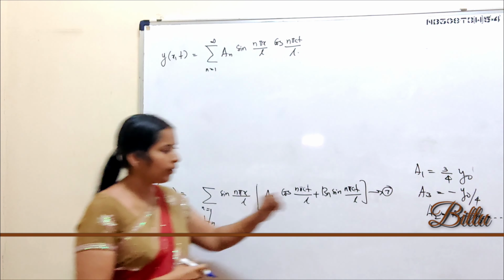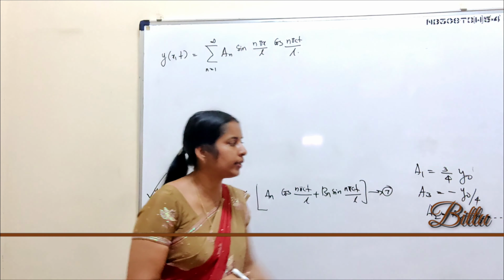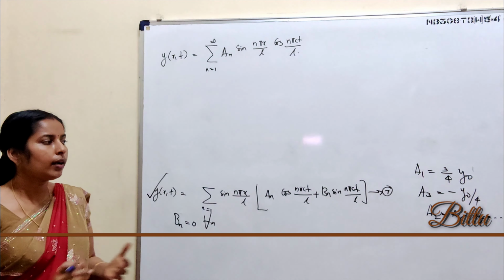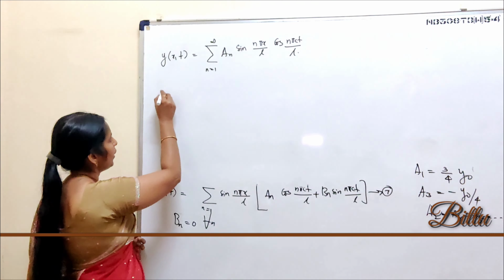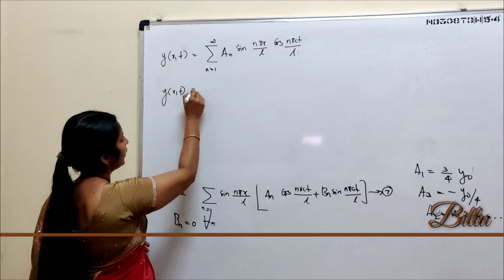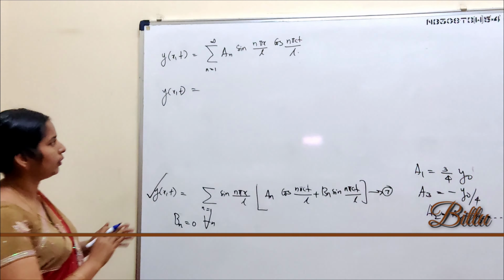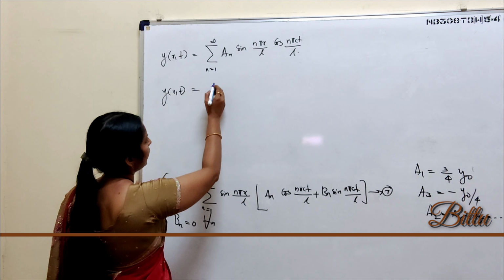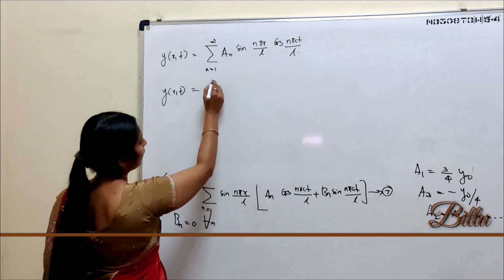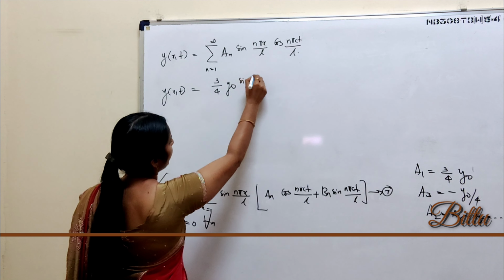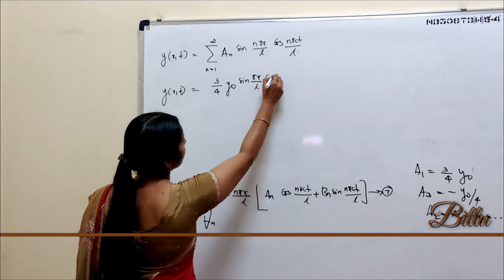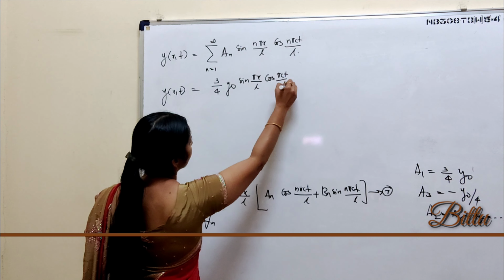We noticed we have only two non-zero a's, they are a1 and a3. All other a's are zeros. So y of x, t is equal to, we have a1 non-zero for n equal to 1. When n is 1, it is a1. It is 3 y0 by 4 sin pi x by L cos pi ct by L.